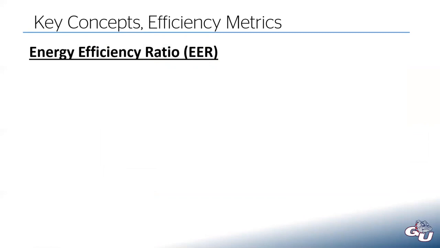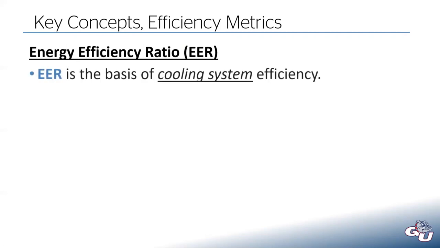When we get into cooling systems, that's where it gets a lot more complicated. For cooling systems, it generally comes back to the energy efficiency ratio, also known as EER, is the abbreviation. That is going to be the basis of cooling system efficiency.